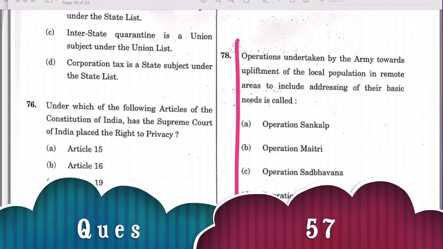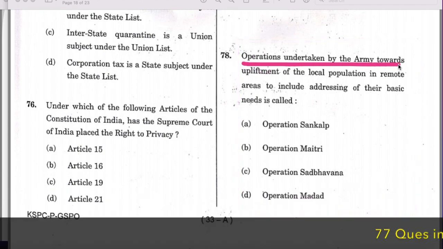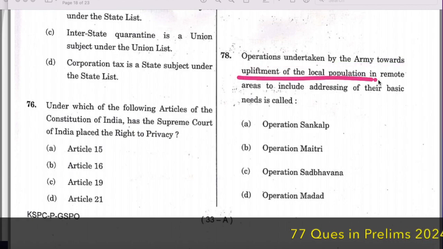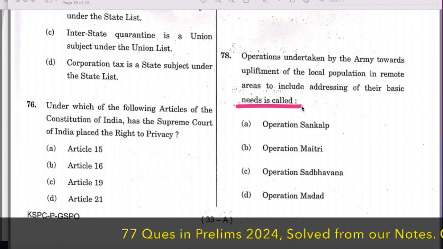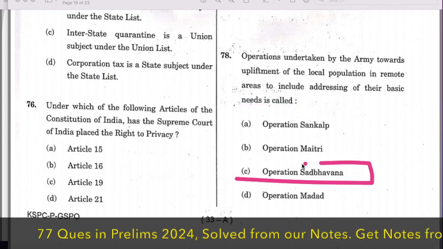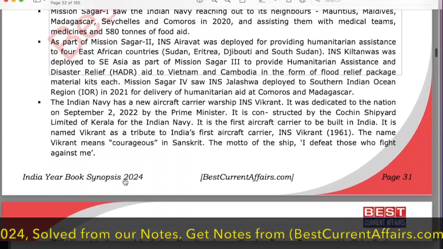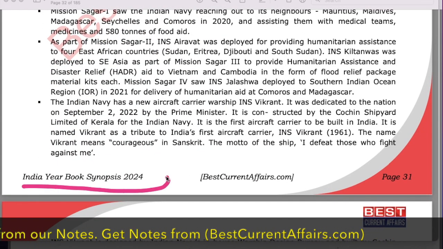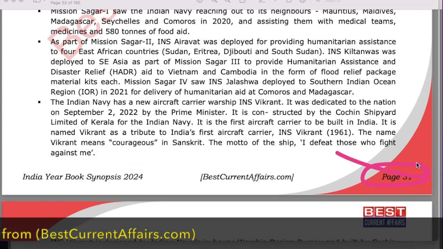Next question. Operations undertaken by the army towards the upliftment of local population in remote areas to include addressing of their basic needs is called, and the correct answer is Operation Sadbhavana. Now see this fact in our book. This is our India Yearbook Synopsis 2024 on page number 31.